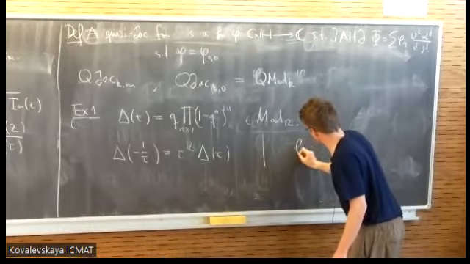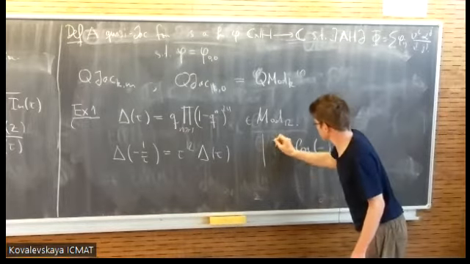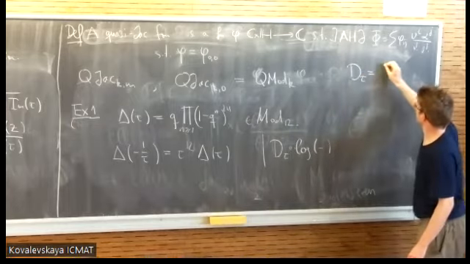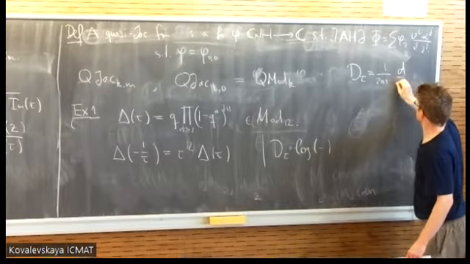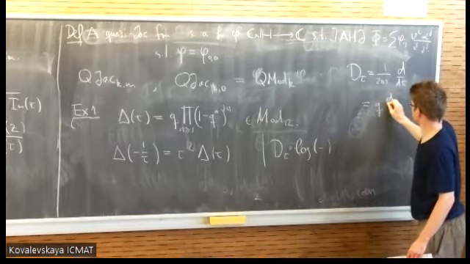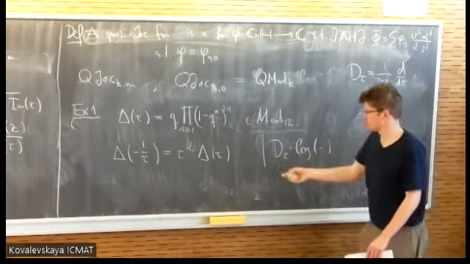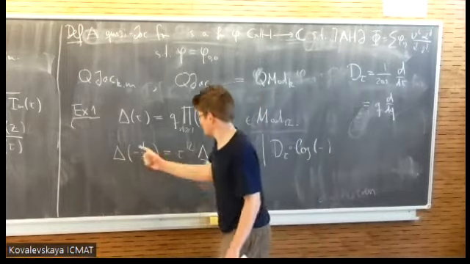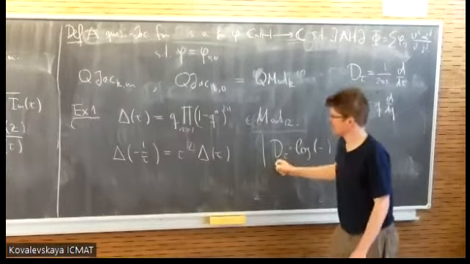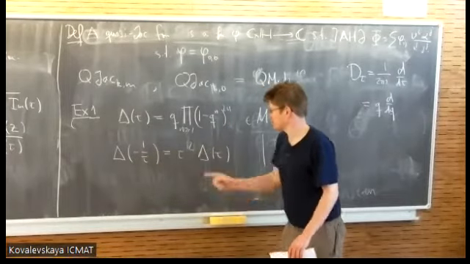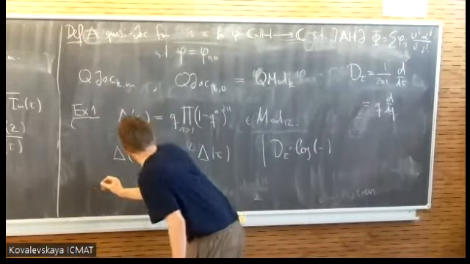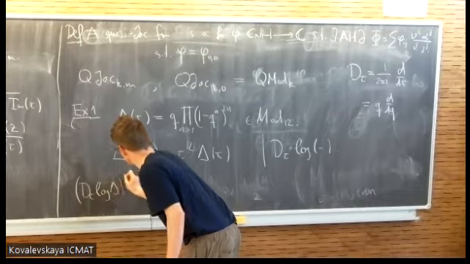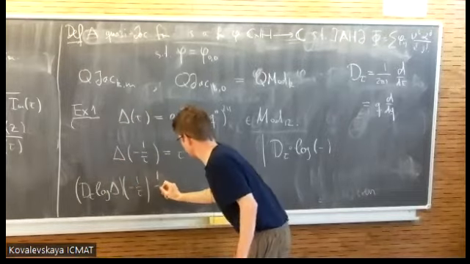Let's take the logarithm of this thing, and then take the derivative with respect to tau. Here d tau will be 1 over 2 pi i times d over d tau, which is also q d/dq. If you do this, you have to think a little bit, because you take a derivative of an argument with minus 1 over tau, which gives you 1 over tau squared. So you end up with d tau of log delta of minus 1 over tau, times 1 over tau squared.